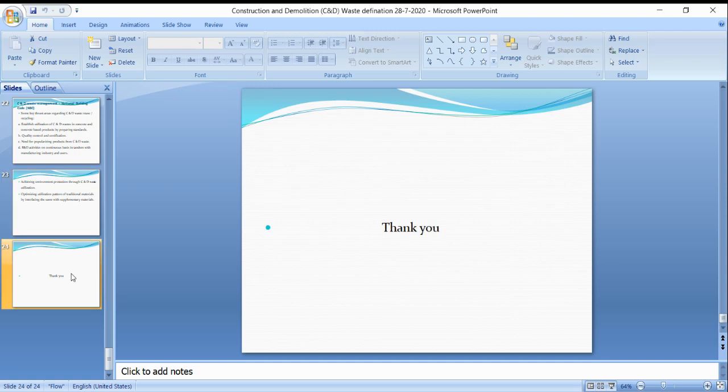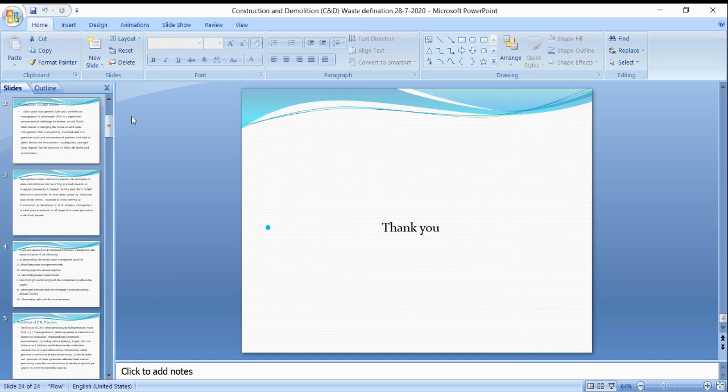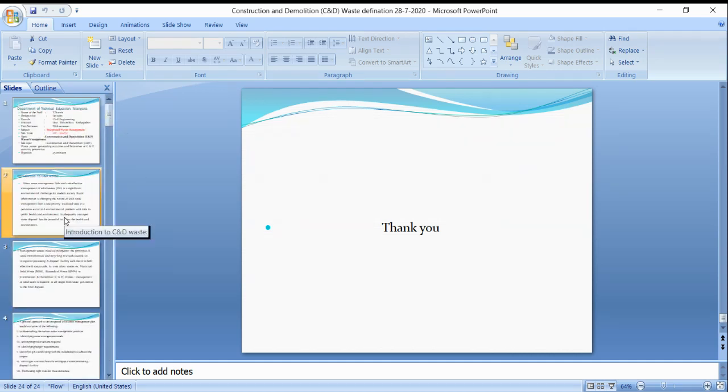So this is the topic we have seen till now. We have covered all the topics regarding this. So at the time of constructing a new building, the building materials which we are using, that is called construction.